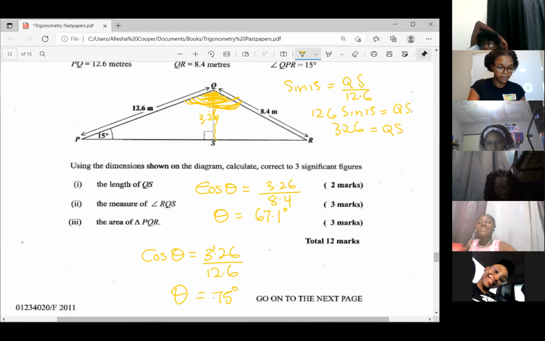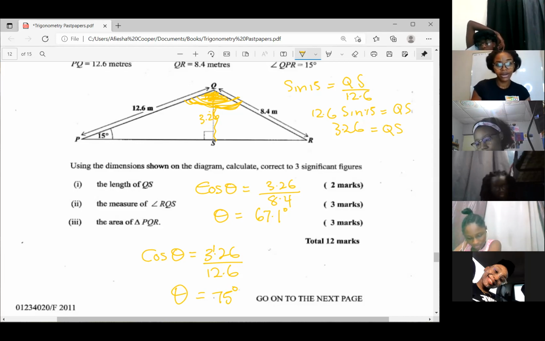You'll confirm that for me. 3.26 divided by 12.6, cosine inverse of the answer. 75 degrees. Very good. So what do we do now for our PQR?